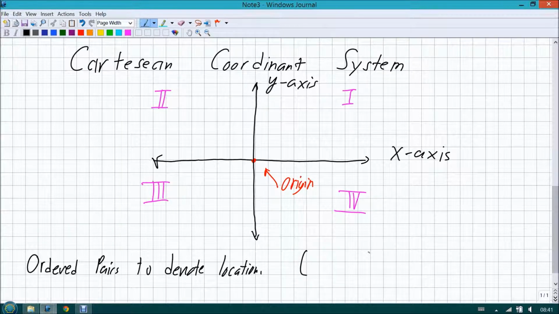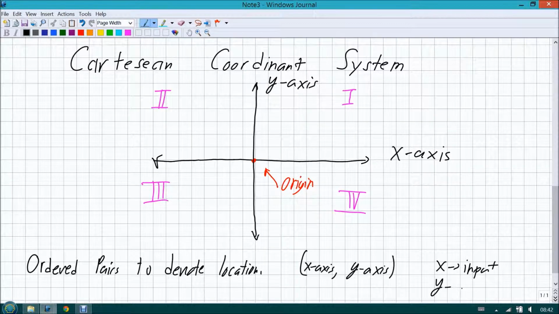They always have two numbers, and the first number represents where on the x-axis we are located. The second number represents where on the y-axis we are located. And going back to the function, that would mean that the x is the input and the domain, while the y is the output or the range.